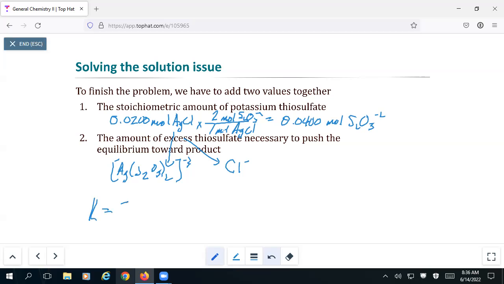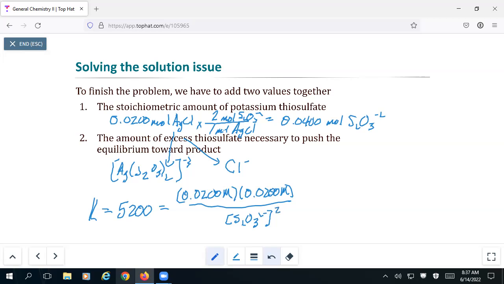K, which was equal to 5,200, is equal to 0.0200 molar for the complex, 0.0200 molar for the chloride, over the concentration of the thiosulfate squared.